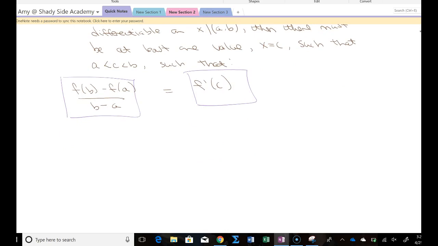Tomorrow I'm going to tie this into what these mean in terms of rates of change. What's being described here are two different types of rates of change of f of x, and we'll talk about that tomorrow.